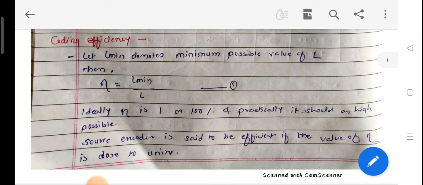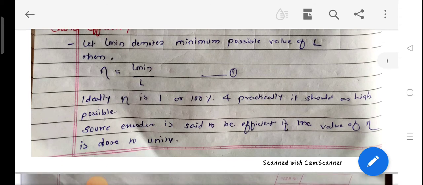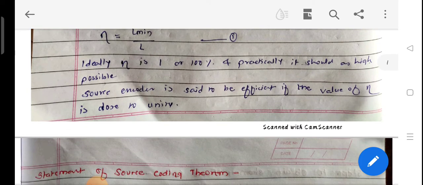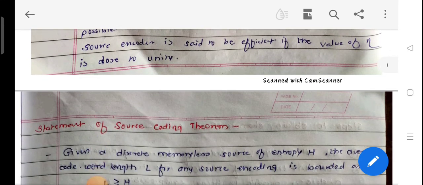Redundancy is the unwanted bits that occur in the code word generated by the source encoder. This redundancy should be as low as possible. It is opposite to coding efficiency, and is given by gamma equals 1 minus coding efficiency. These are the three terms we need to solve numericals on this topic.